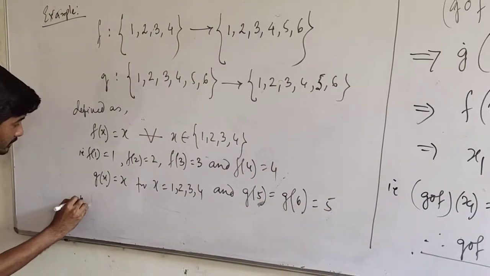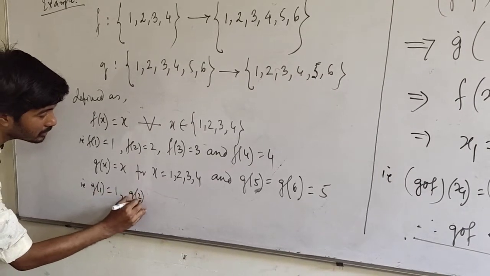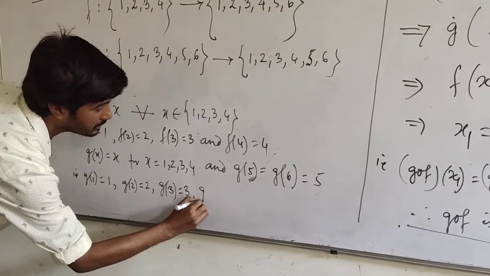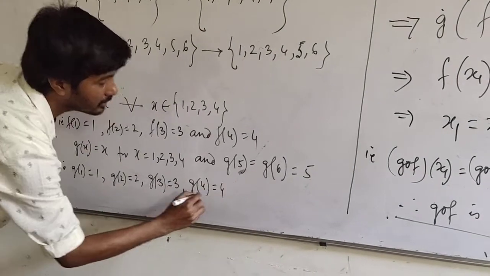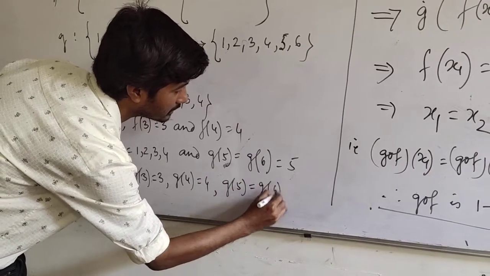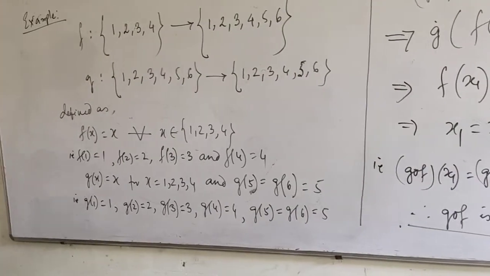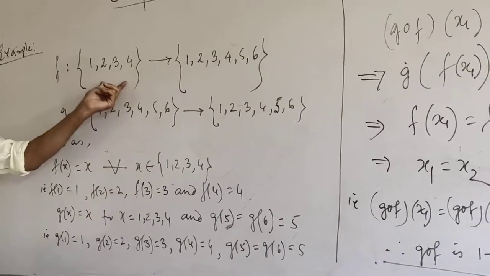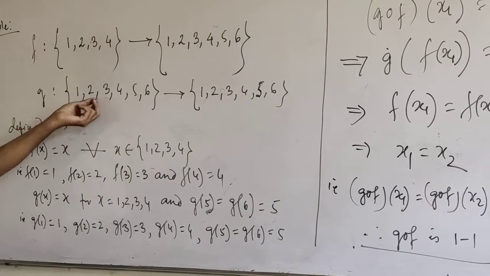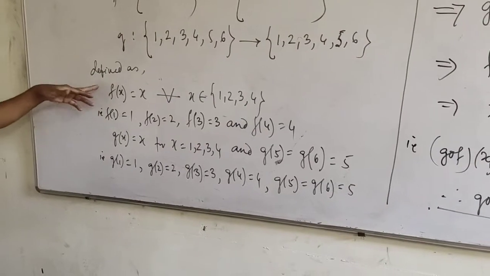That is, g(1) equal to 1, g(2) equal to 2, g(3) equal to 3, g(4) equal to 4, g(5) equal to g(6) equal to 5. So we have taken two functions, f from {1, 2, 3, 4} to the set {1, 2, 3, 4, 5, 6}, and g from {1, 2, 3, 4, 5, 6} to the set {1, 2, 3, 4, 5, 6}, and this is how we can define this f(x) and g(x).